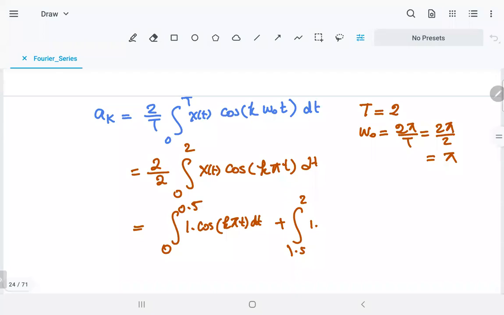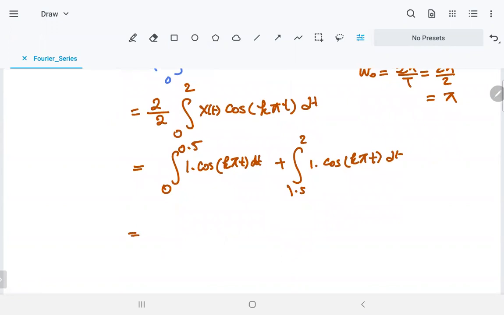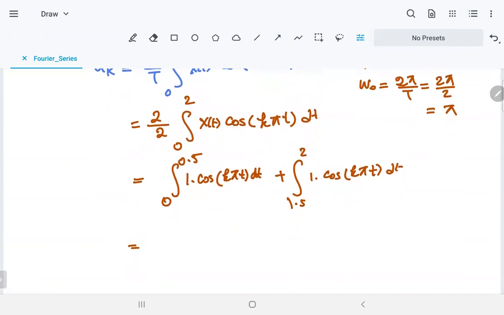Okay, saved. 1 times cosine k pi t dt. Okay, now I'll do the integration. For the a_k part, that's always going to start at 0. What is the integration of cosine?